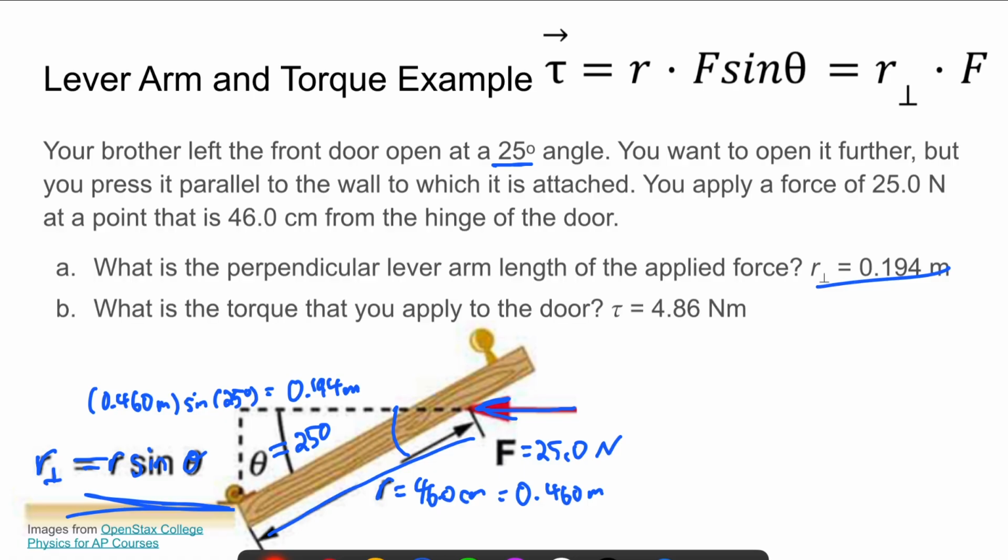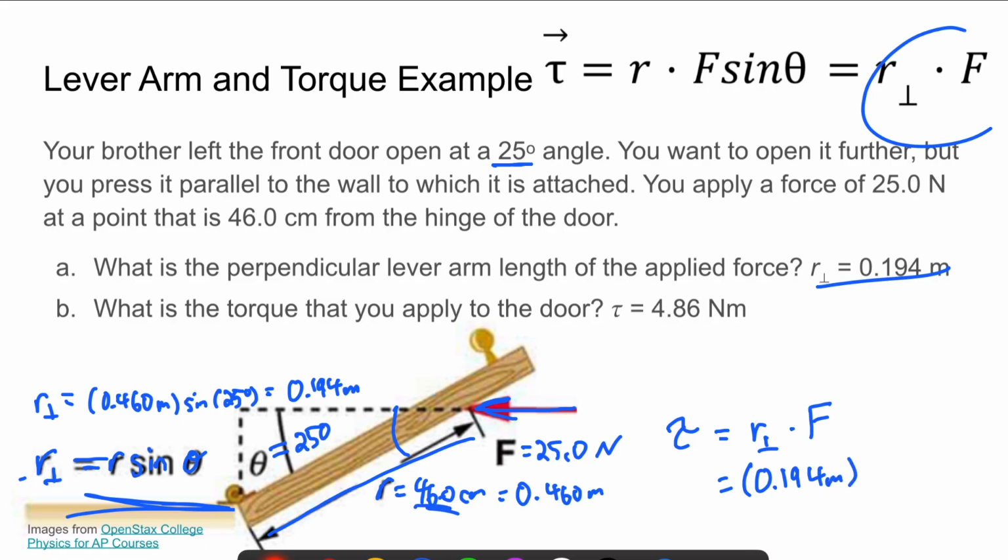And then we can also find the torque that we apply to the door. Now that we have our perpendicular lever arm length, we can use this equation right here, which says that our torque equals our perpendicular lever arm length times force. We already found our perpendicular lever arm length is 0.194 meters. And obviously that's going to be shorter than our original 0.46 meters, right?